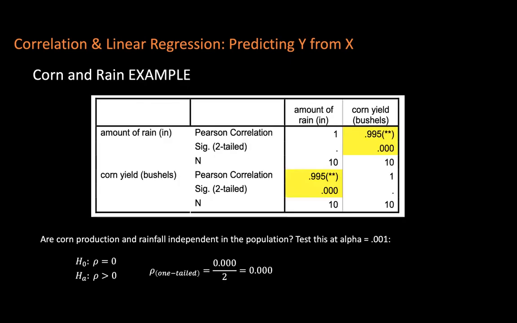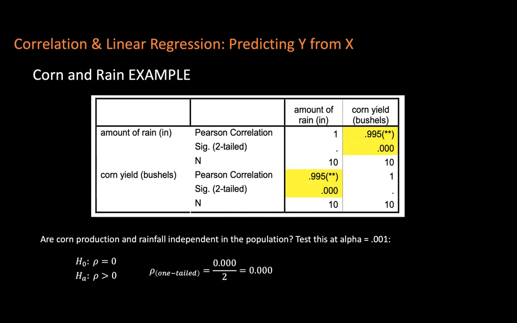Here we have an example of corn and rain. Our question was, are corn production and rainfall independent in the population? We want to test this at a significance level of 0.001. Our null hypothesis is that rho is equal to 0. Our alternative hypothesis is that rho is greater than 0.